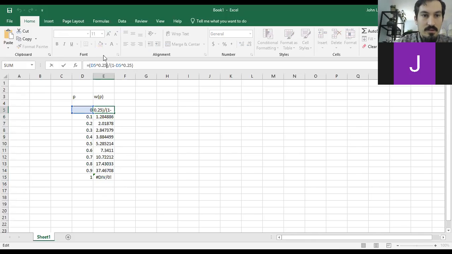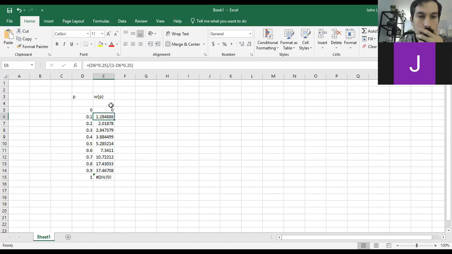Let me try a different exponent. Here we go. That's not quite working either. Shoot. Yeah, so I know what it looks like, but I'm not getting the formula for it right.